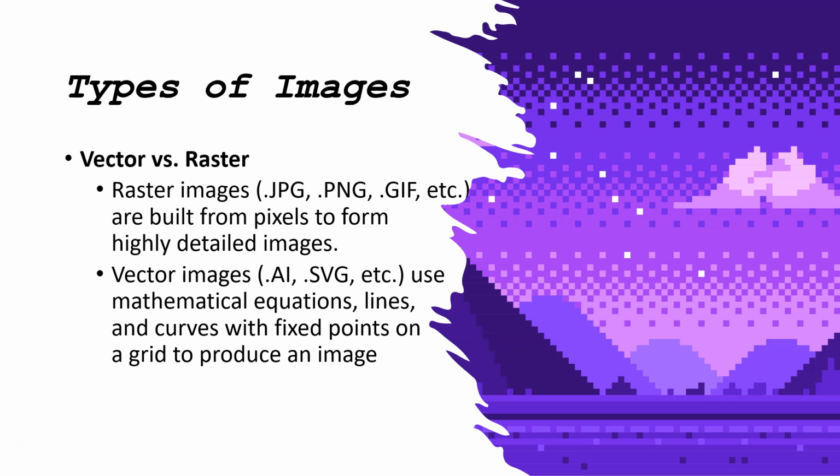On the other hand, vector images, these are, for example, Adobe Illustrator files, SVG, etc. These are using mathematical equations, lines, and curves with fixed points on a grid to ultimately produce an image that way. And the nice thing about a vector image versus a raster is they don't have the same scaling issues that a raster image would have. For example, remember when we looked at scaling an image and we scaled it up and we lost a lot of data because things were distorted, or the program had to make best guesses about where certain things would go within that image.